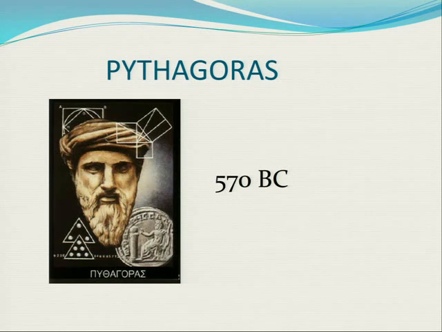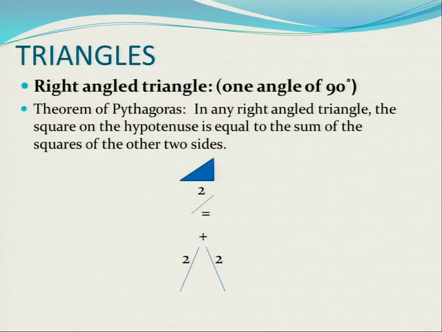570 years before the birth of Jesus Christ, there lived a man, Pythagoras, and he was fascinated by the triangle. Pythagoras found something very interesting. As they were having fields along the Nile River, they saw something that was very, very peculiar to him.